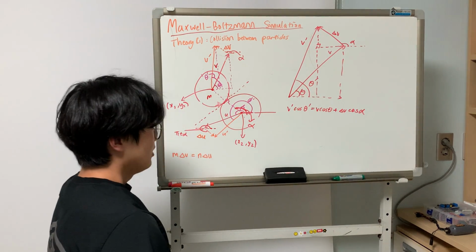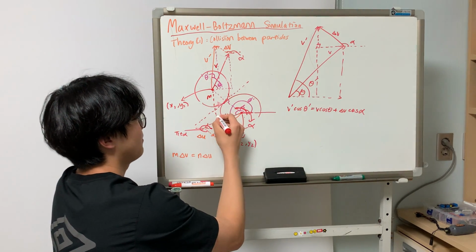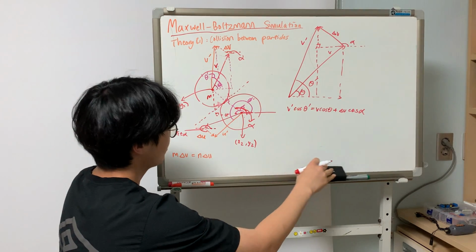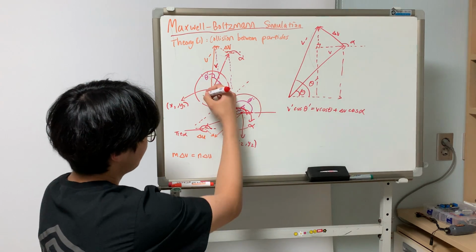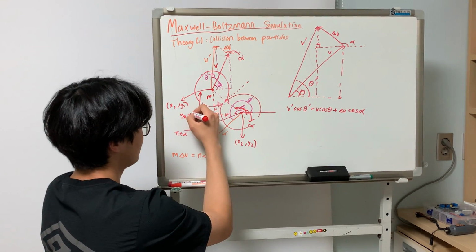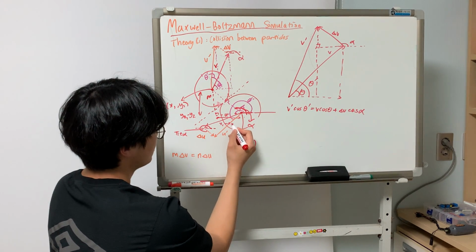Back to this diagram over here, I actually have an expression for alpha, because I have alpha here and x1, y1, x2, and y2. So here is going to be y1 minus y2, and here is going to be x1 minus x2.